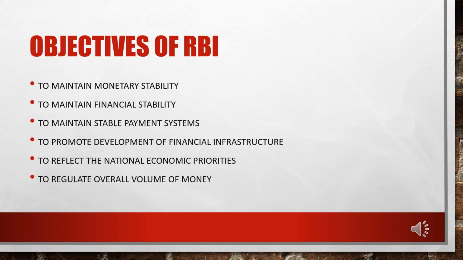So therefore we have to ensure that financial stability is there. Financial stability means stability of the banks, particularly the most important organization in the economic system. Once this is stable, then monetary stability can be maintained. The consumer and people's confidence will be higher and the market will work in a better way, so as to maintain a stable payment system.